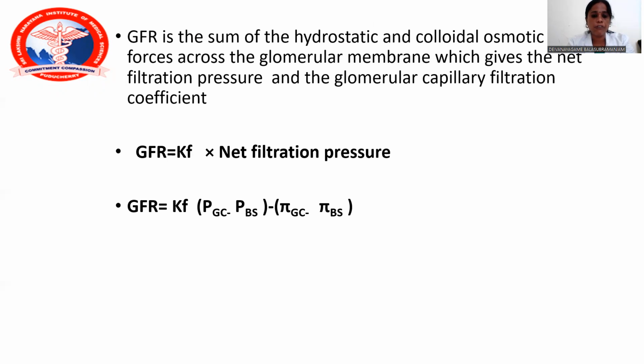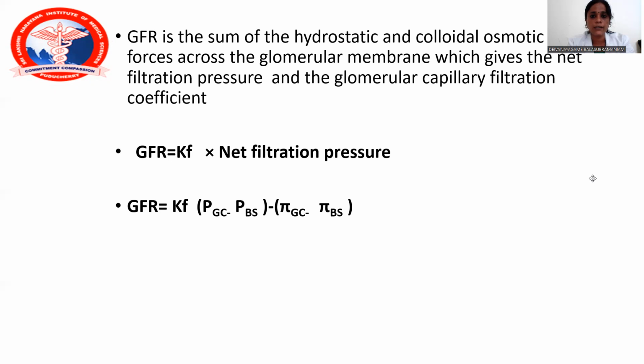So GFR depends on the sum of hydrostatic and colloid osmotic forces across the glomerular membrane, which gives the filtration pressure, and the glomerular capillary filtration coefficient. So we can write GFR as Kf multiplied by net filtration pressure.